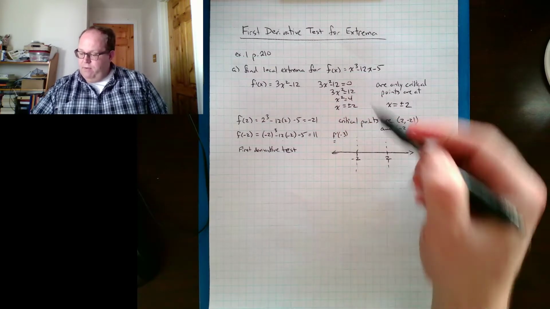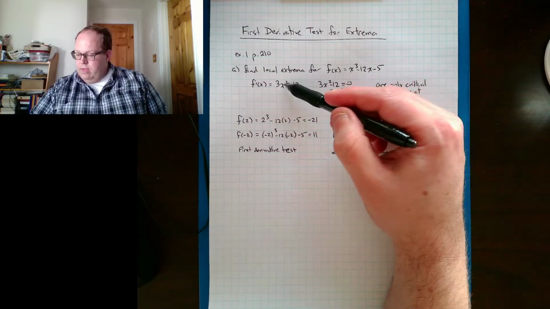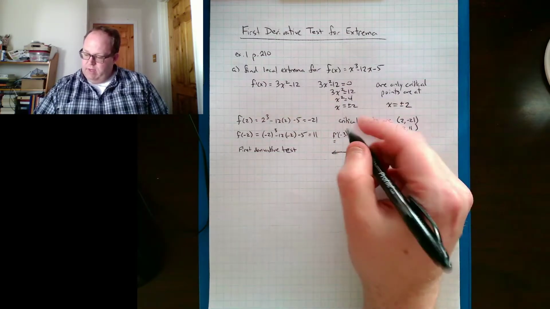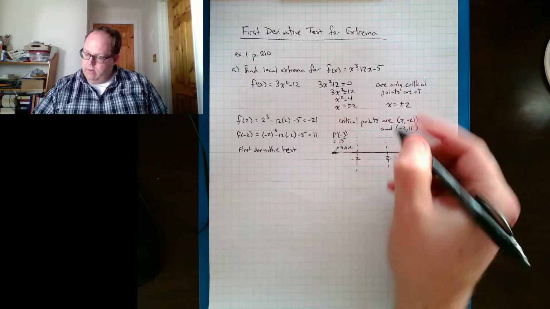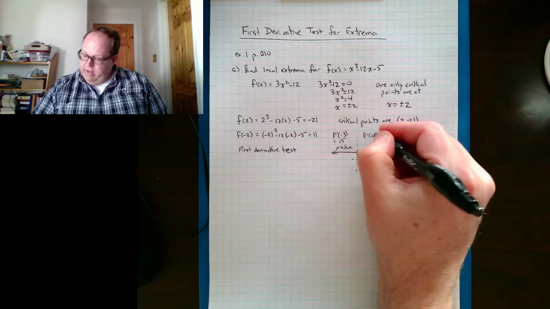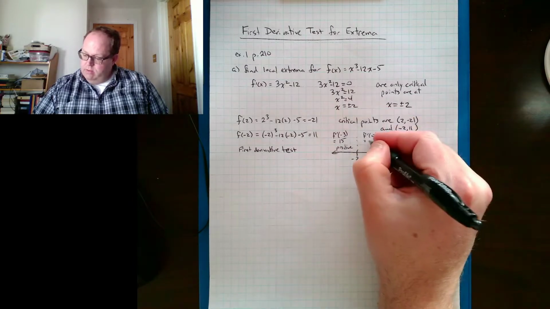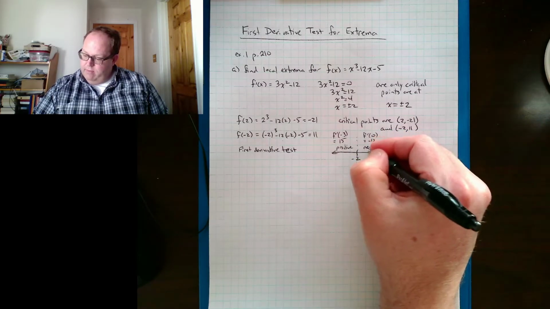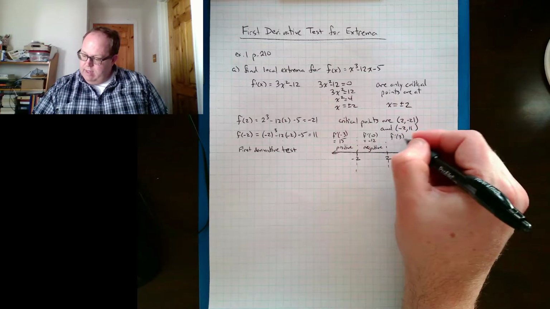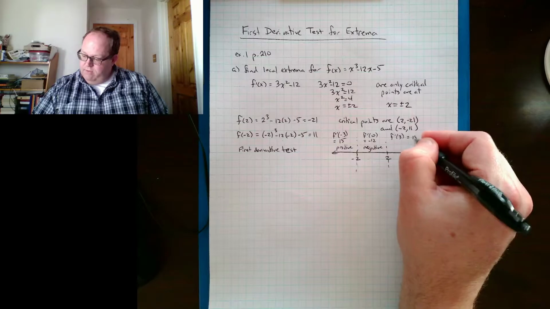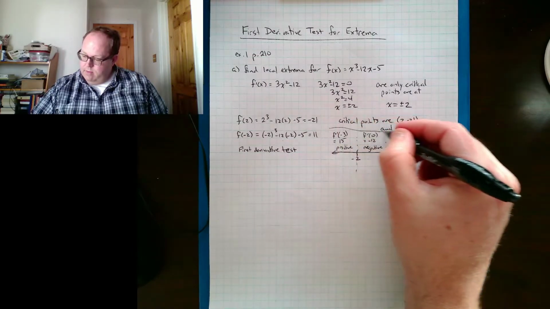The derivative at negative 3 is going to be 3 times 9 is 27 minus 12 is 15. Between the two values, say it's 0, this equals negative 12. And above, I'm going to end up with positive 15 again.